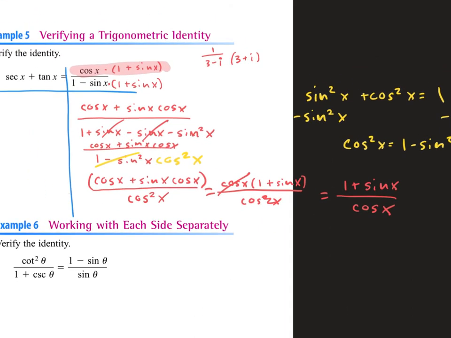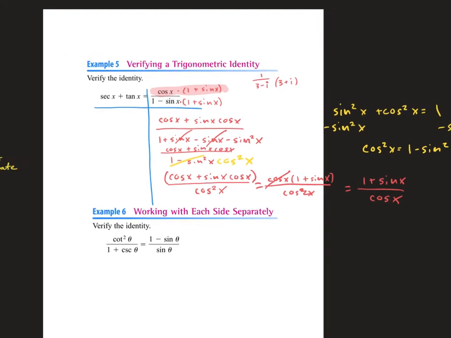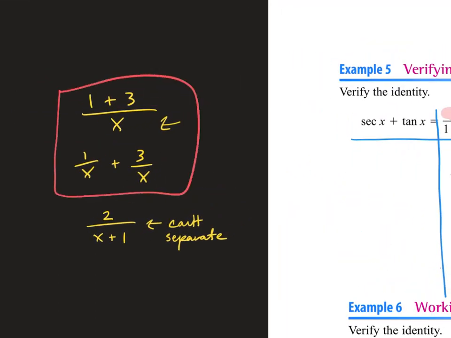What should we do next? An identity. 1 over cosine x is secant, and then sine over cosine is tan. Awesome. So just like I showed you on this one, since we have one term on the bottom, let's break it up.